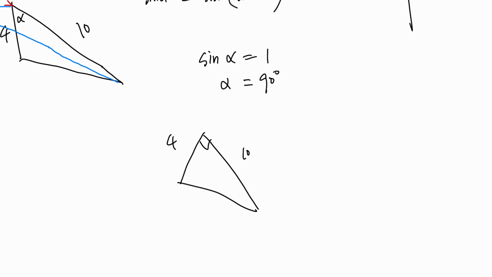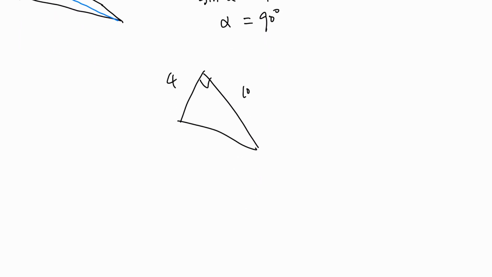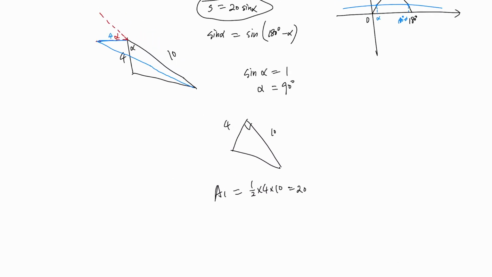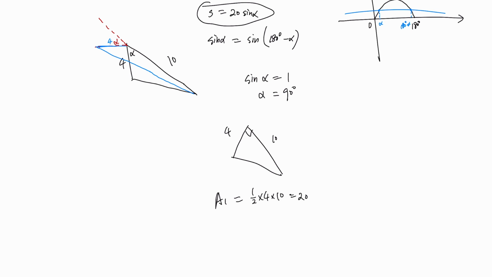There is a right angle over here. We could calculate the area of this as 1/2 times 4 times 10, which gives us 20. And that is the biggest area of all of the triangles that you could make out of these. And there is no obtuse triangle over here.